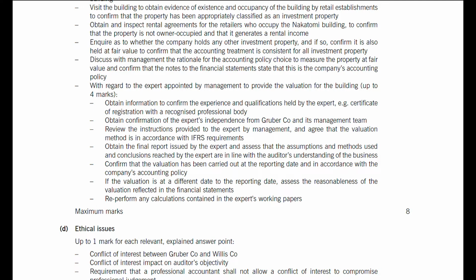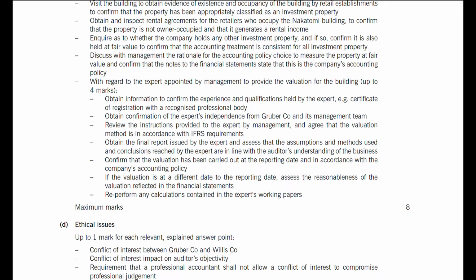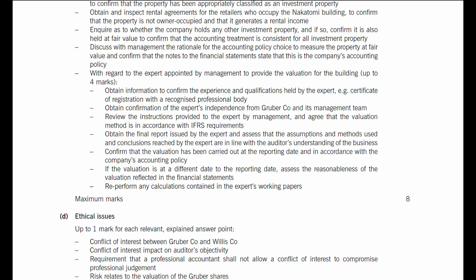Review the instruction provided to the expert by management and agree that the valuation method is in accordance with IFRS requirements. Obtain the final report issued by the expert and assess that the assumptions and methods used and conclusions reached by the expert are in line with the auditor's understanding of the business.